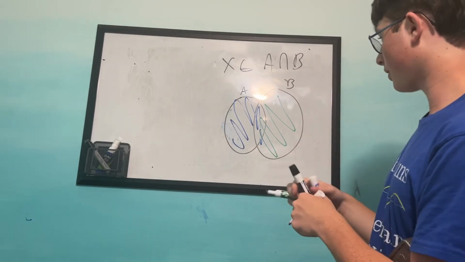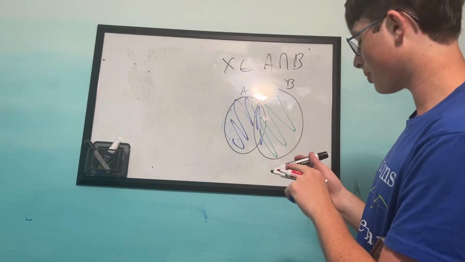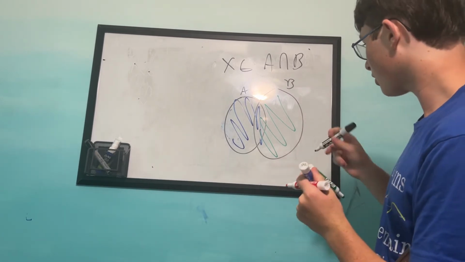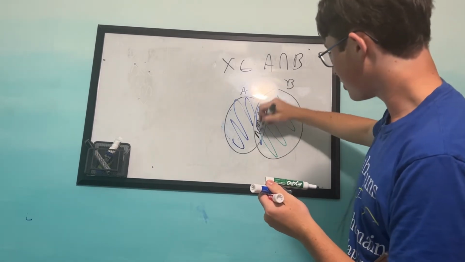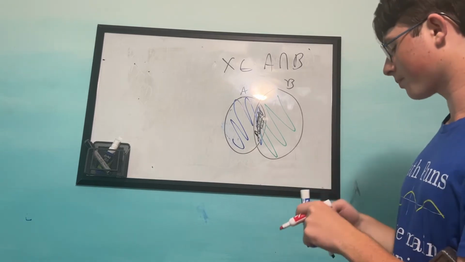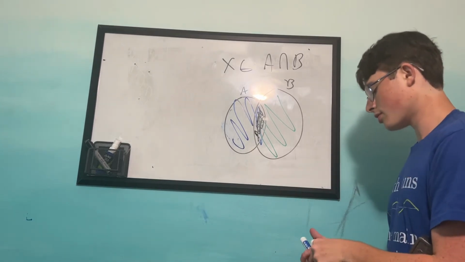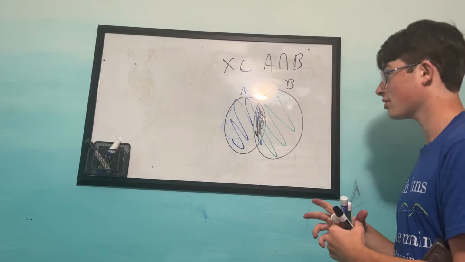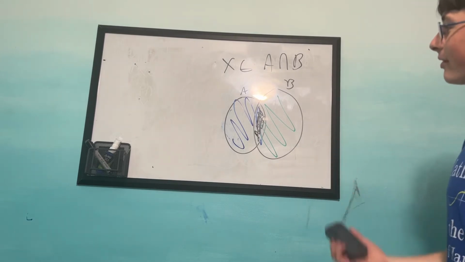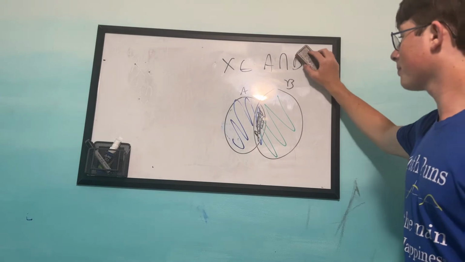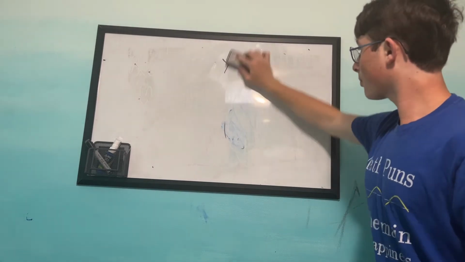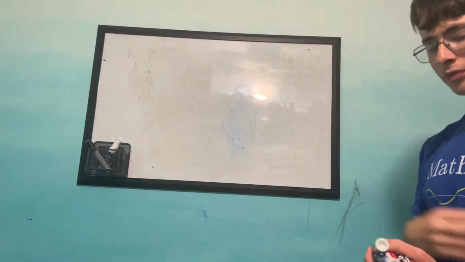Where is it both green and blue? That gives us this middle part. And that was the intersection, just the middle part of the Venn diagram. And you can do this with as many sets as you want. Make it really messy, like the previous example, or really neat like this one. But the logic holds up the same for all of them.